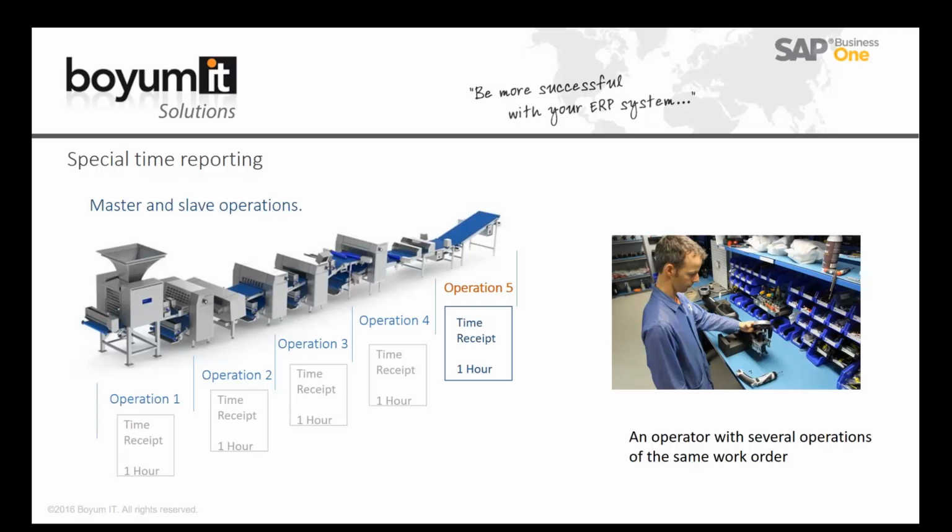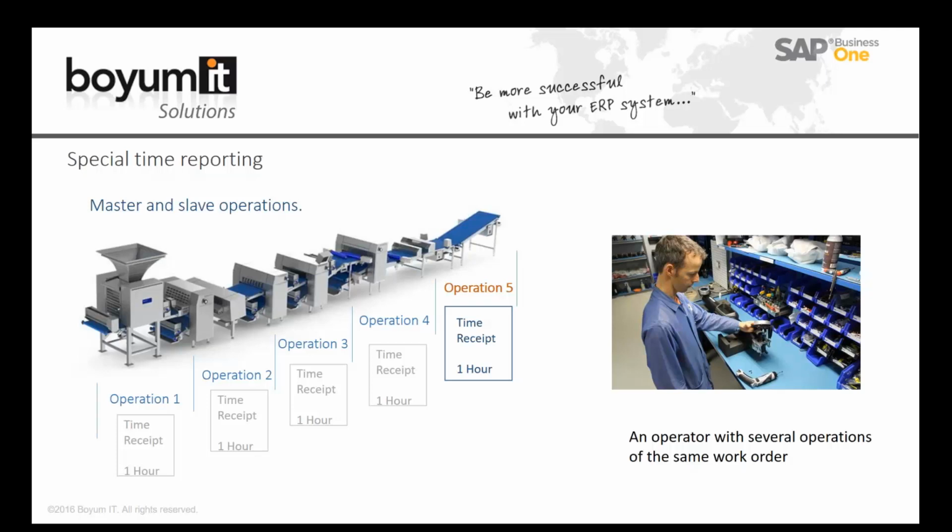We can set up the system to allow the rest of the operations to assume the time reporting in operation 5. So at the moment of reporting, I only report in one operation, but the rest of the operations, which are slaves of this operation, are going to take the time reporting in operation 5, or master of operation.